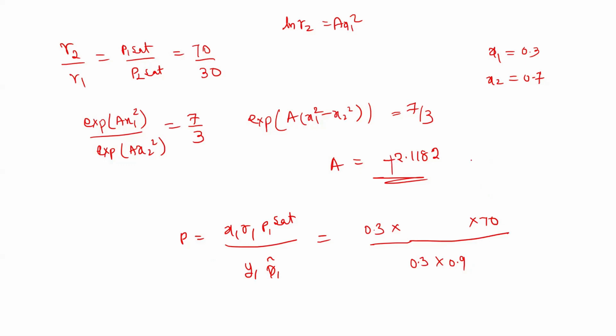Gamma 1 is exponential of A x2 square, and I found that equal to 0.65. On calculation, I get it as 27.55.